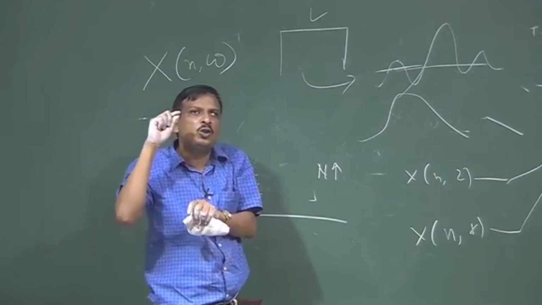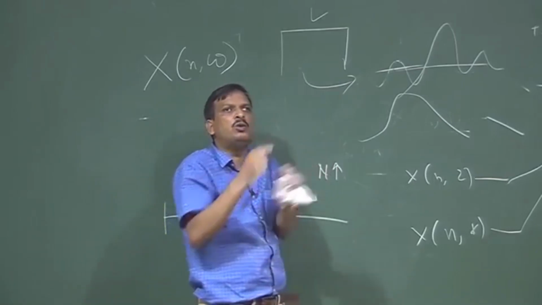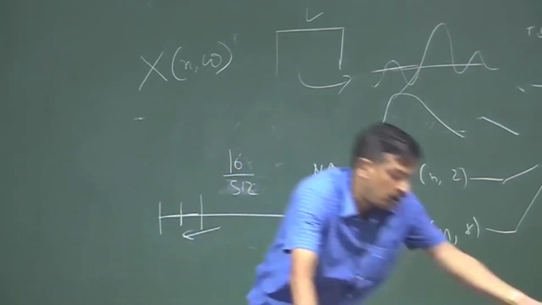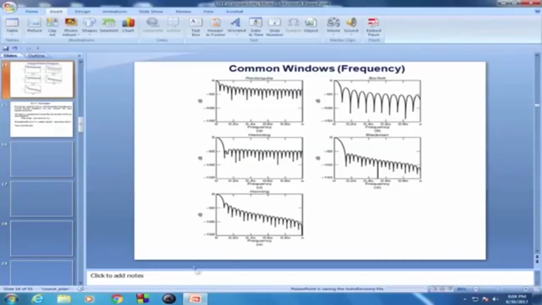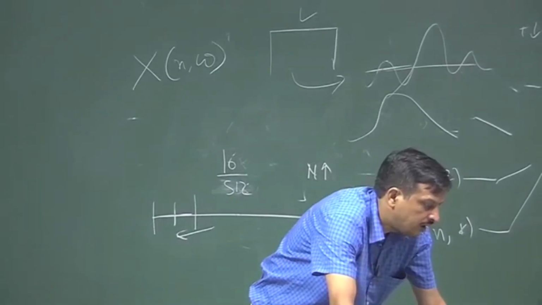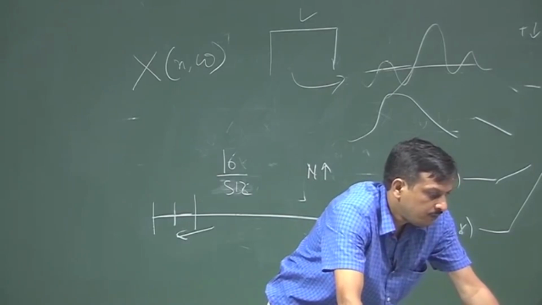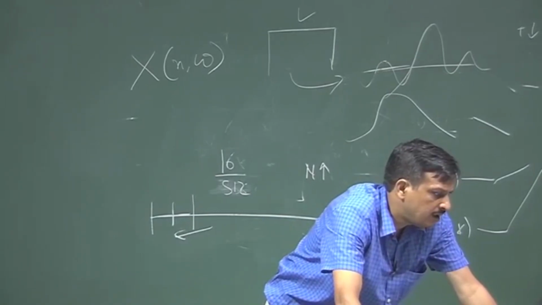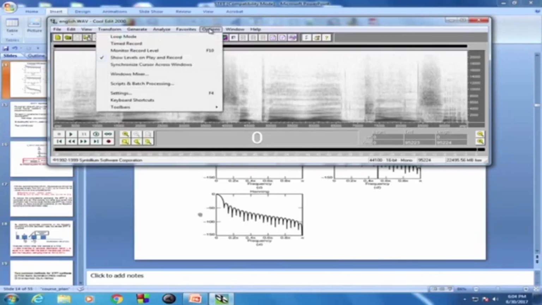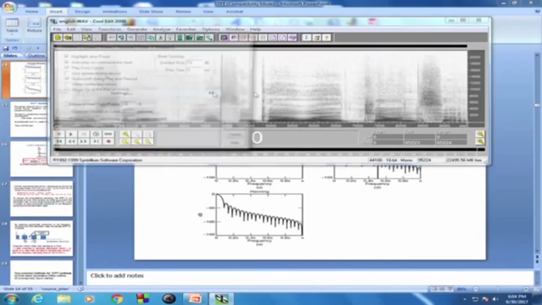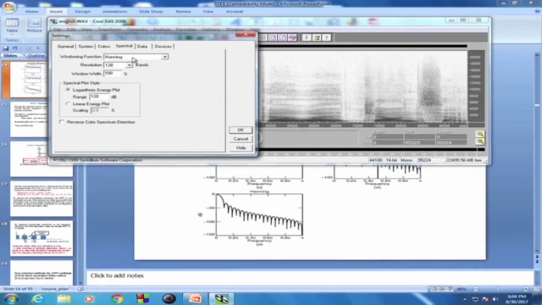So, I want to choose a window whose main lobe width is very high. If you see in the spectrogram, when I was discussing spectrogram analysis in this software, if I open a sample English voice file and look at the spectral analysis setting, there is a window choice: Hamming window, triangular window.